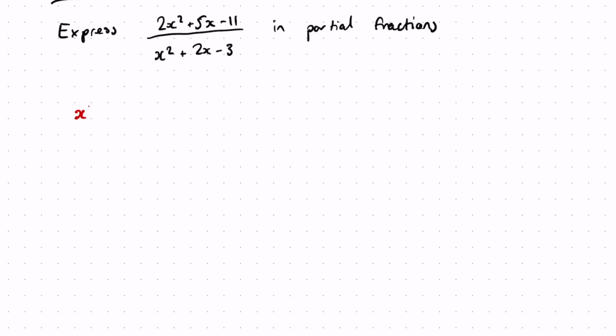So we're saying how many times does x squared plus 2x minus 3 go into 2x squared plus 5x minus 11. So what do I need to multiply this by to get rid of my 2x squared? I need to multiply it by 2, which is going to give me 2x squared plus 4x minus 6.